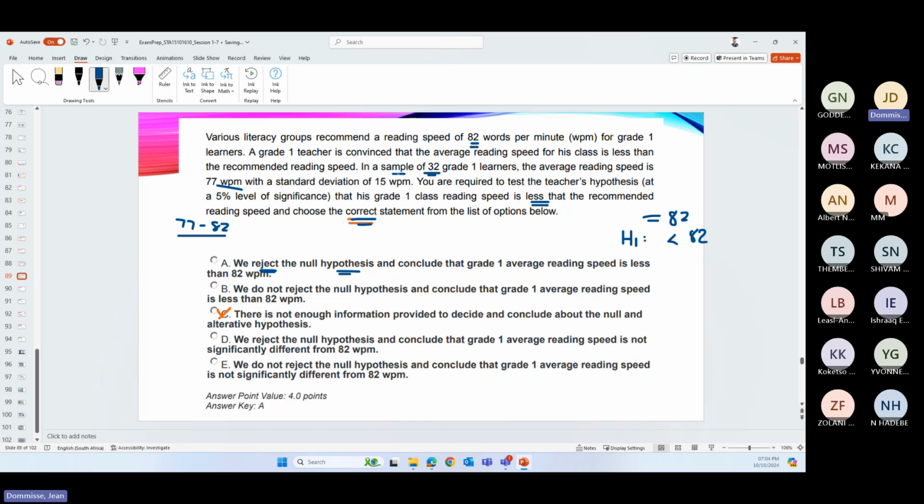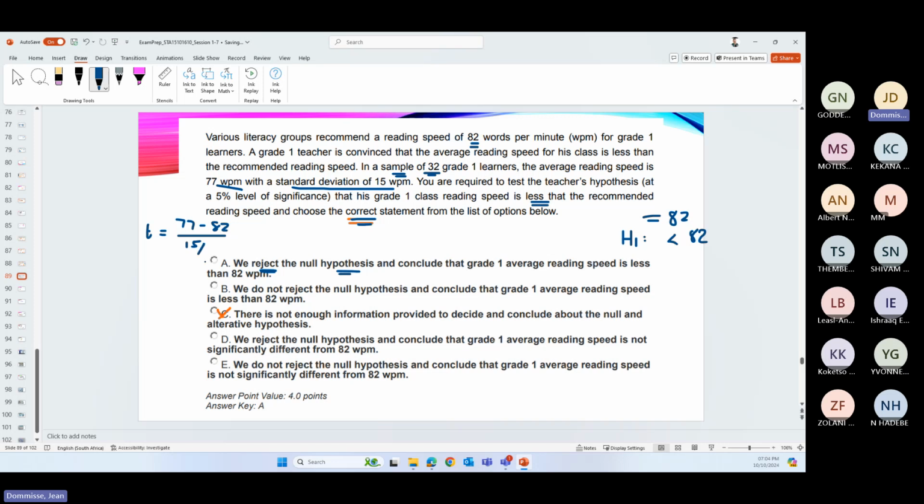So sample standard deviation is that. So again, because of the word sample, it is a t that we are going to work out again.